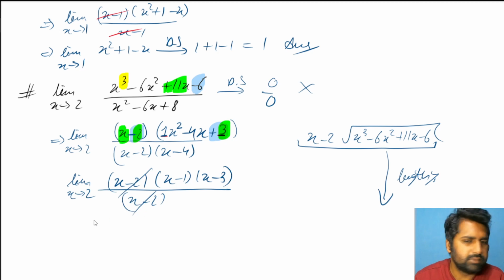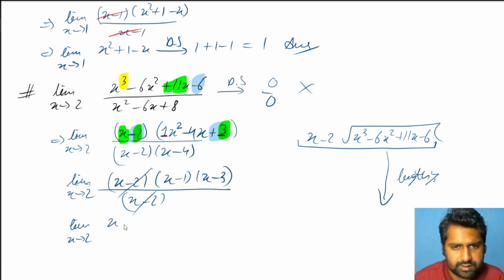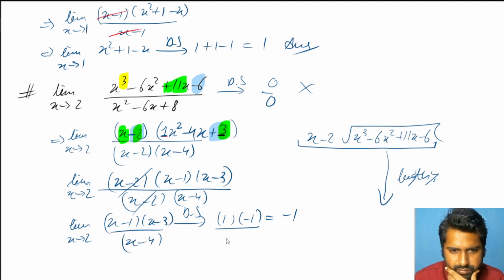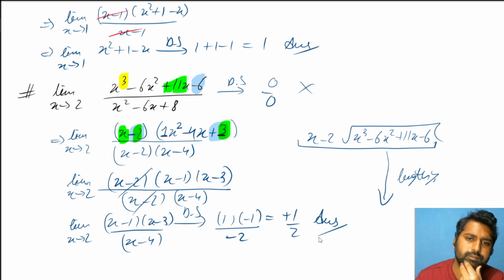These two cancel, and the moment it cancels, direct substitution will be valid. 2 minus 1 is 1, 2 minus 3 is minus 1. Oh sorry, one factor I forgot, x minus 4 was also there, upon 2 minus 4, which is minus 2. So you'll get plus 1 by 2 as your answer.